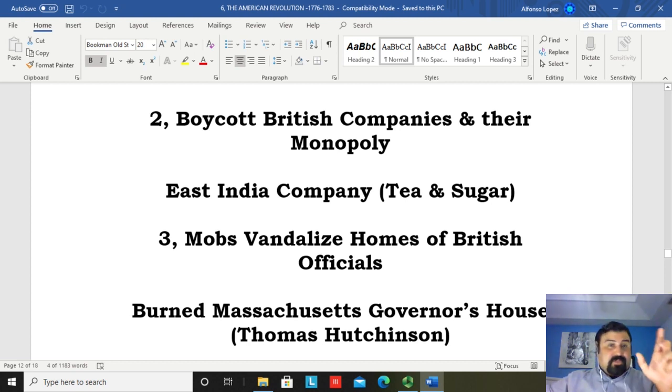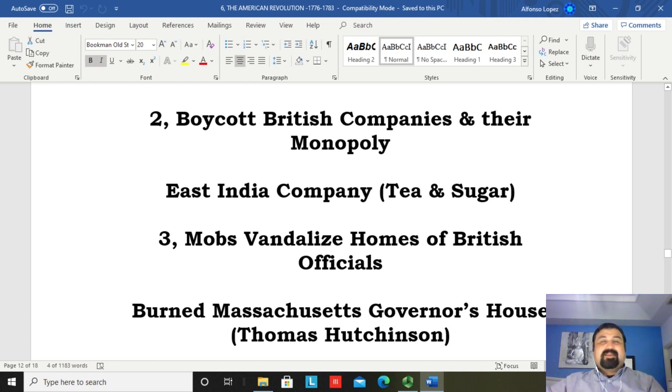The other resistance action of the Sons of Liberty was creating what is called a boycott, rallying the masses to boycott British companies like the East India Company, for example. What they were promoting here is the idea: don't buy products from Great Britain, don't import products from the East India Company.